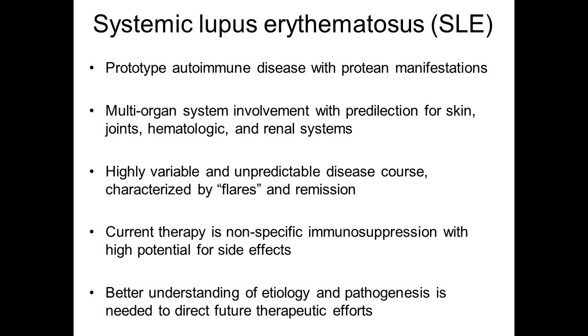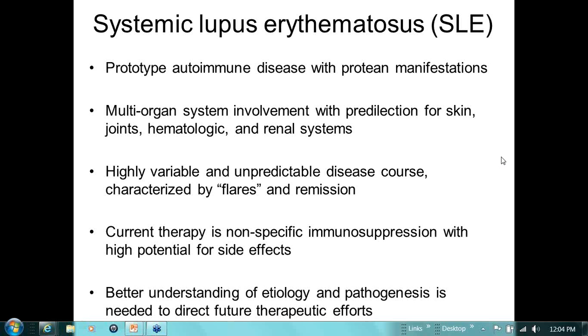Some of the things we know from following patients over time is that it does have a predilection for inflammation in the skin and the joints and the kidney, of course, and then there are also a lot of blood count abnormalities that can come with lupus. And then the course of the disease is highly variable, and it tends to be a condition of both flares and remissions.